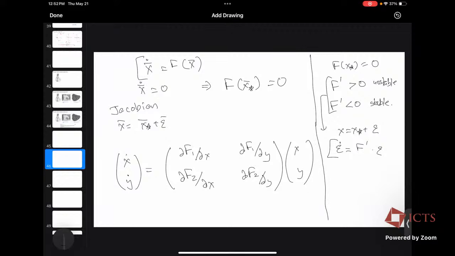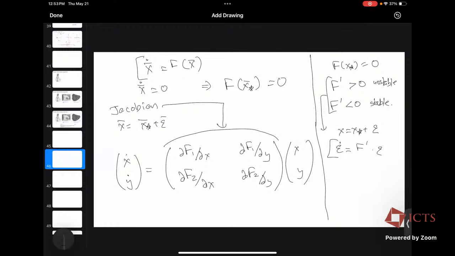This is what the equivalent linear system will be. This object is the Jacobian, and it is the generalization of f prime, but pushed to one extra dimension.